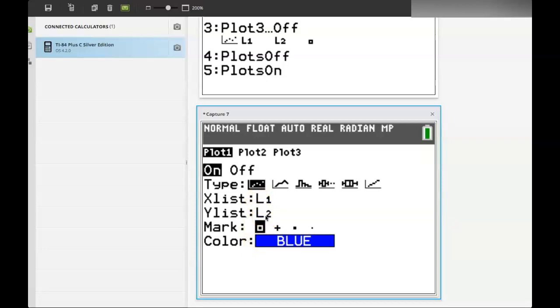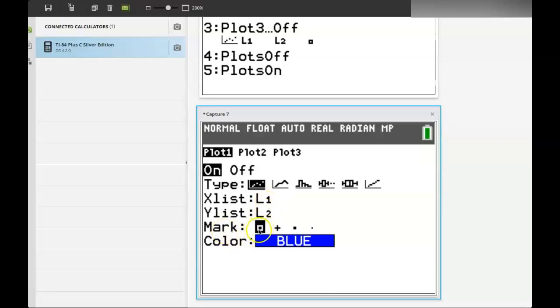For example, on your calculator we have 0, 1, 2, 3, 4, 5, 6, 7, 8, 9. 0 is Catalog, 1 is L1, 2 is L2, 3 is L3. I'm reading what is shown on top of each key in blue. So you can change these by pressing 1 for L1, 2 for L2. We already have L1, L2.